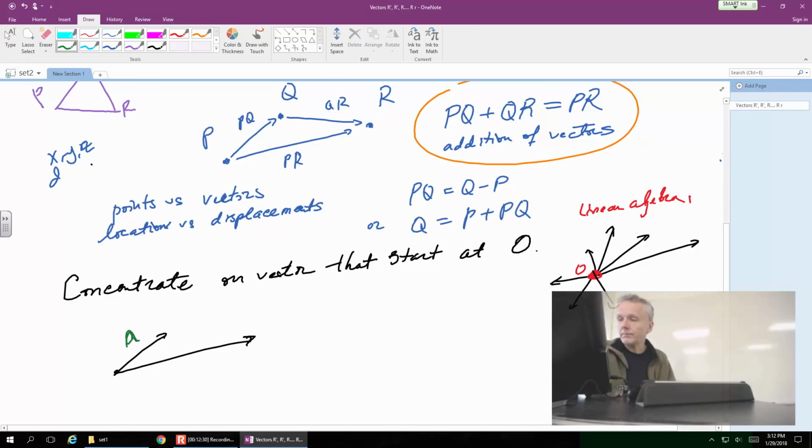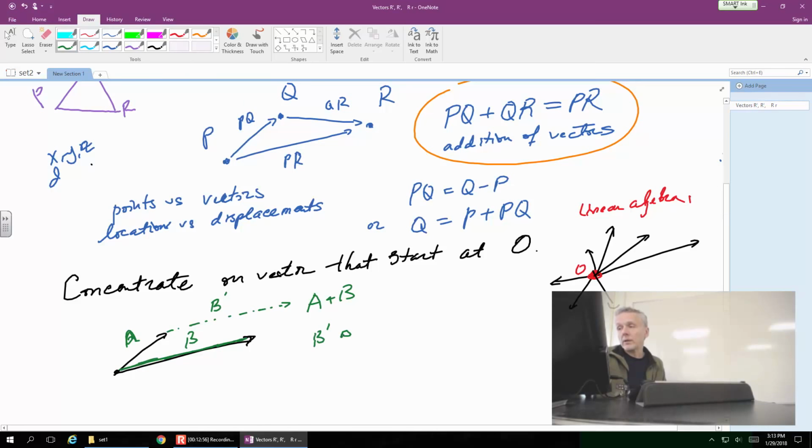Say A and B. So A plus B, what is the meaning of A plus B? This is the idea. I'll take my B and slide it towards the ending of the first vector. So this is, let's call it, B prime.